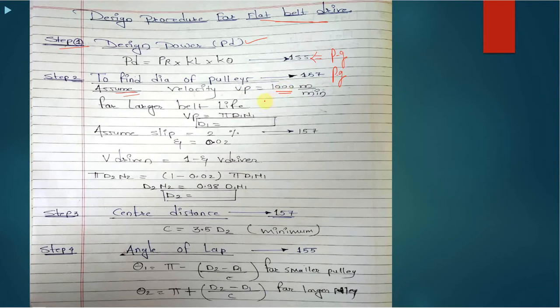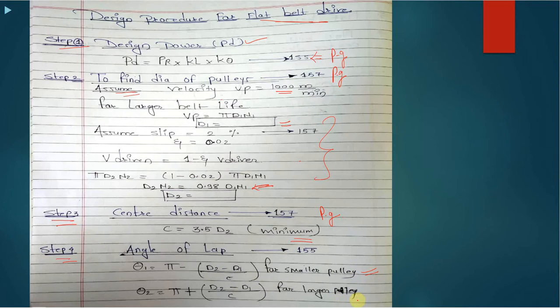Now we discuss all these things. The complete formula is d2 n2 equal to 0.98 d1 n1. Now step number 3, center distance, page number 157. Step number 4, angle of lap theta 1 for smaller pulley and theta 2 for larger pulley. The formula is given on page number 155.